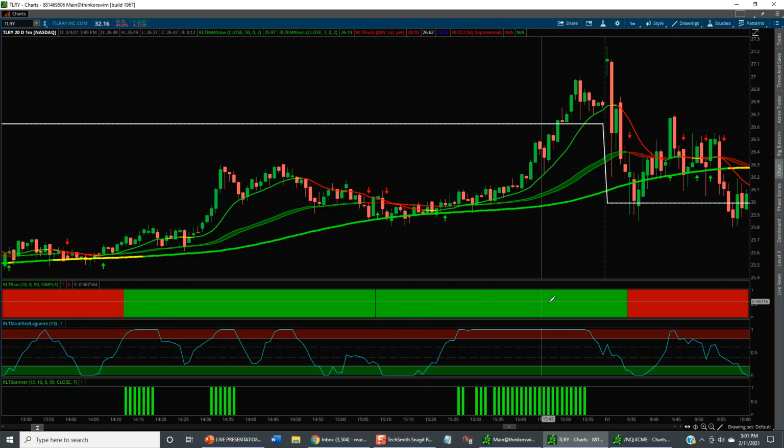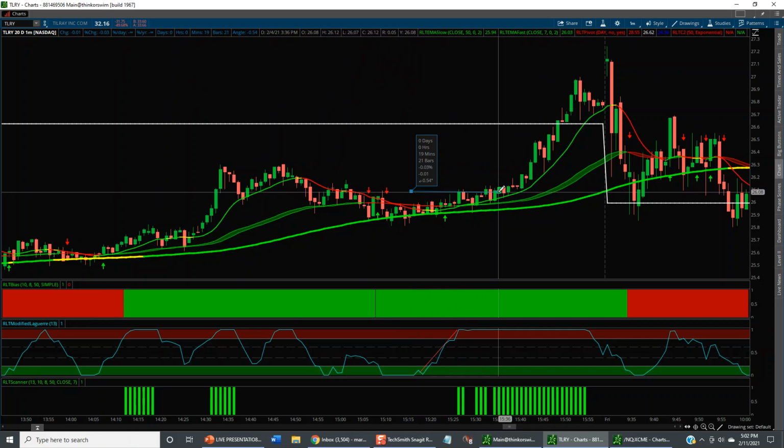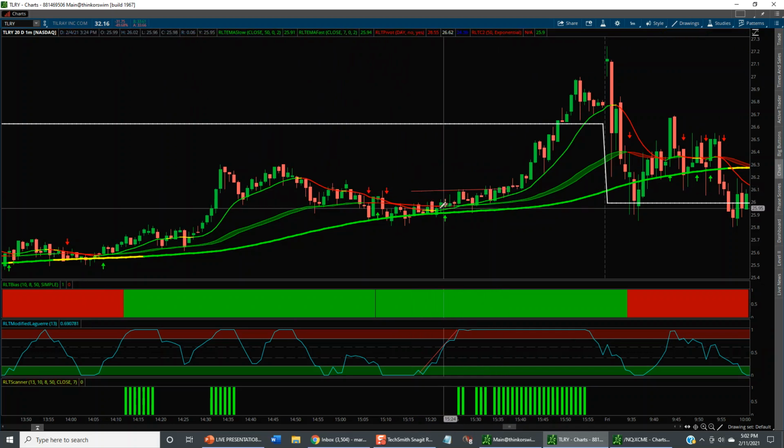Again, bias is green, multi-time frame assessment and trend, 50 is green, 15 is green, right here, 15 exponential, and here we've got a roll long on decreasing chop, increasing momentum. Here's the Laguerre, goes from oversold to overbought, and the market goes into a period of long consolidation.